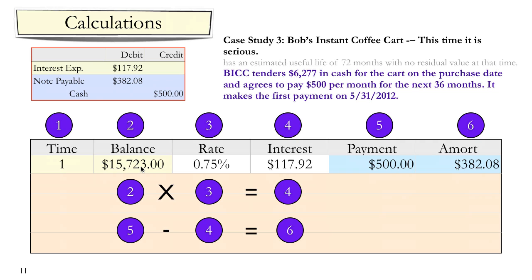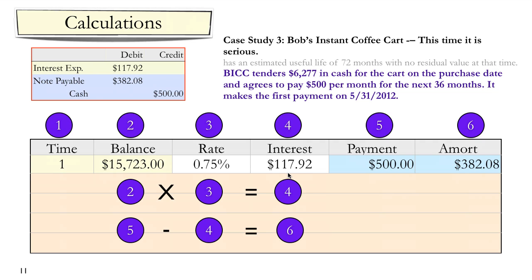It's the balance of the note payable for the month times the interest rate, column 2 times column 3, and we multiply those together, we get column 4. And so the interest expense for the month is $117.92. Remember, since it's an expense, it will be a debit to the income summary account.